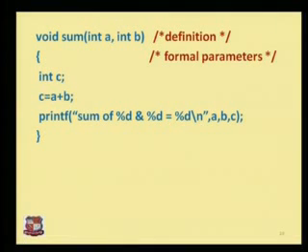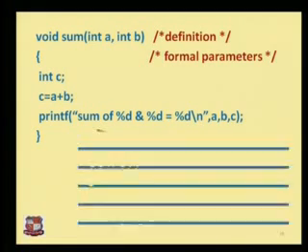We also include some statements: int c = a + b, and then we print the sum using %d and %d, with a, b, and the value of c. For example, we can take a and b as the two integer values 2 and 3. So a equals i equals 2, and b equals j equals 3.